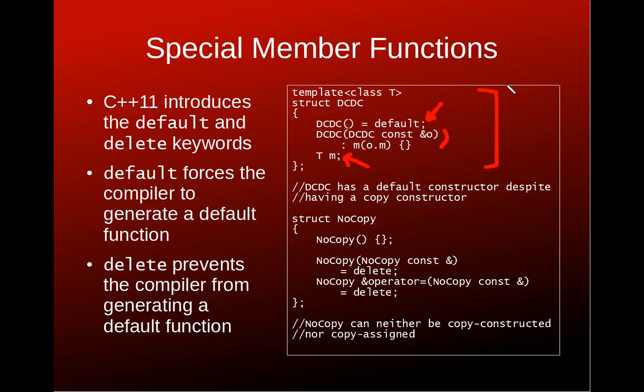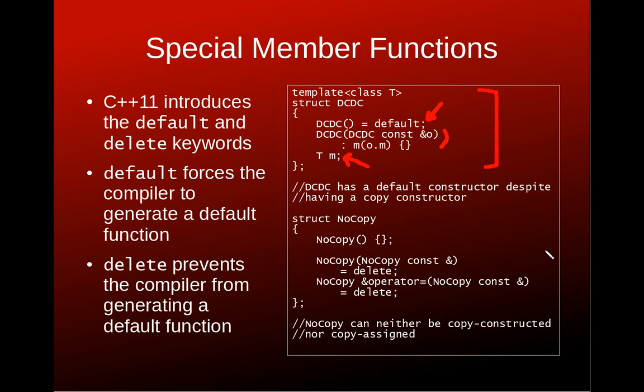But if you go ahead and write out your default constructor, it's going to be very long, and you're just going to be default constructing each member variable. So you'd rather not write it all out yourself. You can just write equals default, and the compiler will generate that default for you.